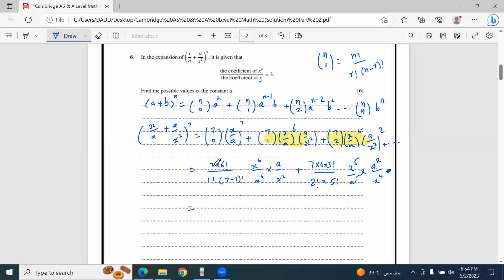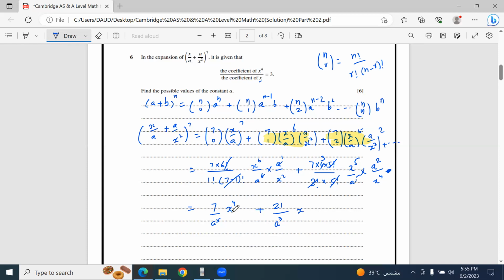In the first term, 6 factorial cancels with (7 minus 1), which gives 6, so I have 7 over a^6. Now a^6 cancels with a^1, which gives me a^5, and x^6 minus 2 gives x^4. For the next value, 5 factorial cancels with 5 factorial, and 2 factorial is 2, so 7 multiplied by 6 over 2 gives 7 multiplied by 3, which is 21. The x^5 cancels with x^4, and a^2 with a^5 leaves a^3, so 5 minus 4 gives x.